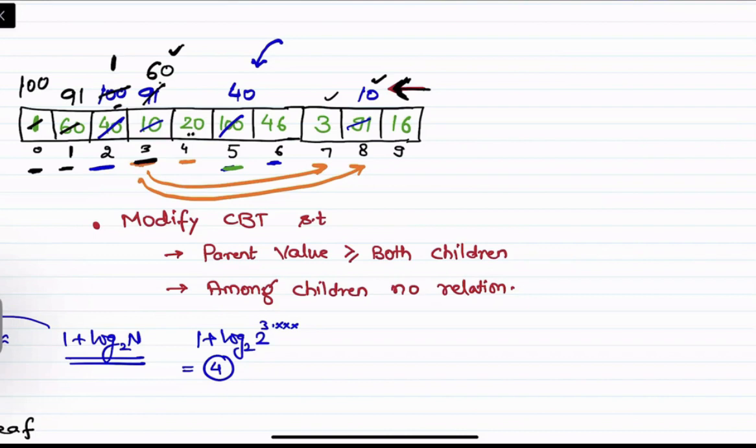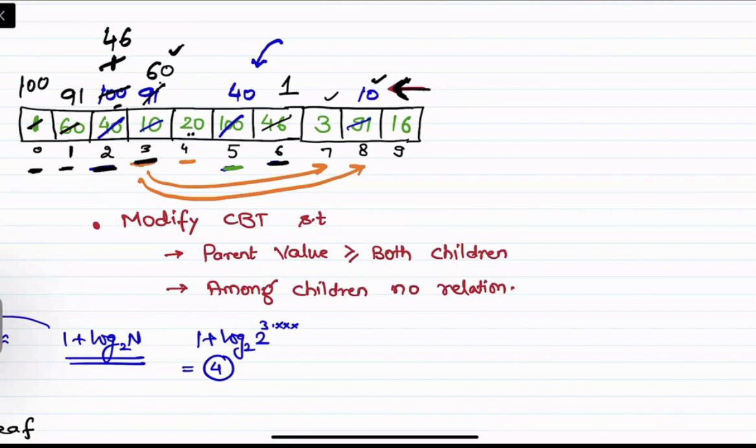So 1 came at index 2. From index 2 also we have to make sure it goes down. The children of 2 are at which index? 5 and 6. Among them 6 is bigger. So 46 will replace 1. Then we reach 6. We look at children of 6, but we figure out that 6's children are outside the array indices. So we are done.